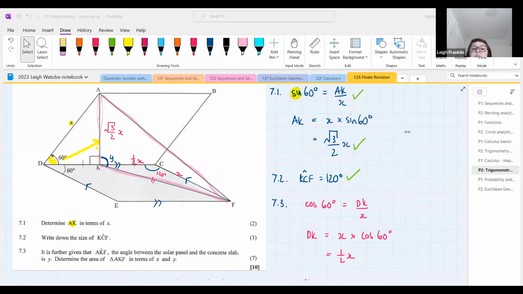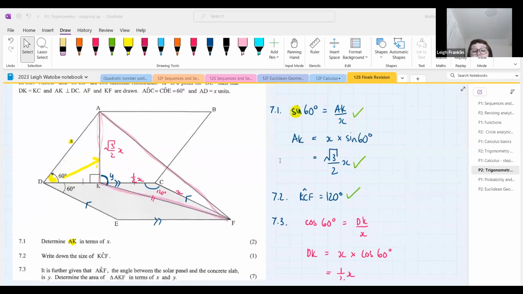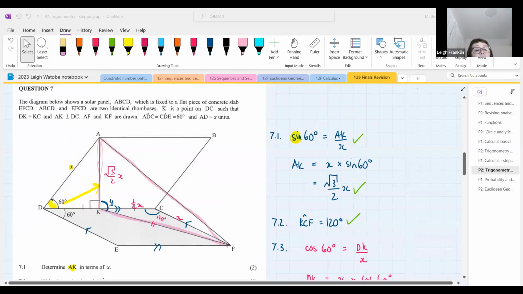As soon as we see something that's out of 7, it immediately feels very intimidating. So it was a case of working first in triangle AKD to get DK. Once we've got DK, we've got the length of DC. And if we've got the length of DC, we've got the length of CF.